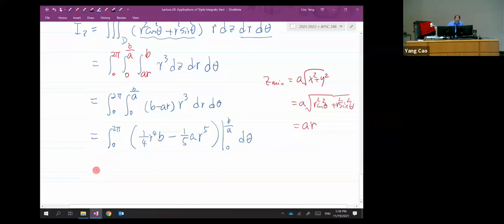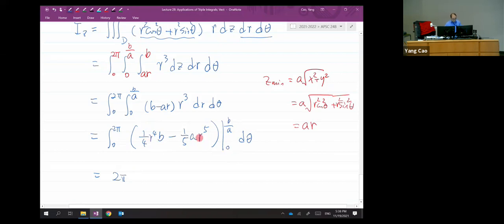The result of this calculation has nothing to do with theta. So theta goes from 0 to 2 pi. Basically you get 2 pi multiplied by whatever this is, when you plug in the limit b over a into r, and then plug in 0 into this r.